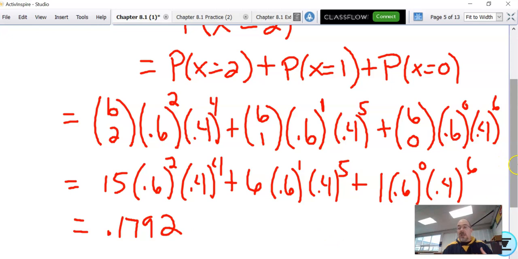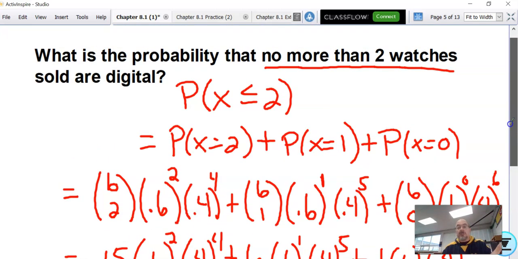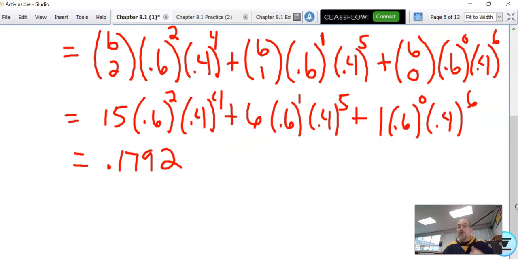So the probability that no more than 2 watches out of 6 sold are digital is 0.1792. So there's less than an 18% chance that 2 or fewer out of 6 customers will buy the digital. All right?